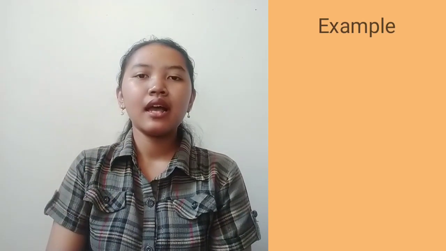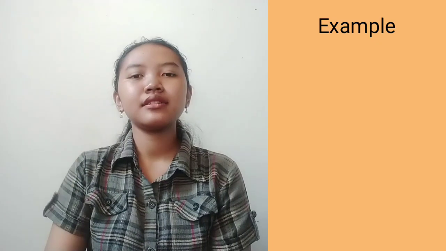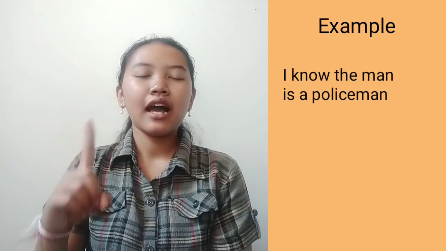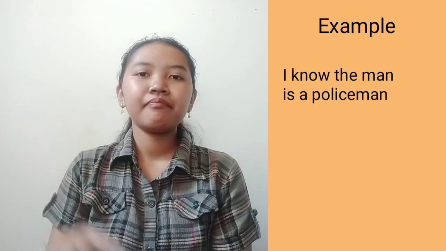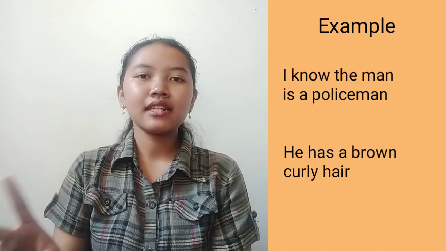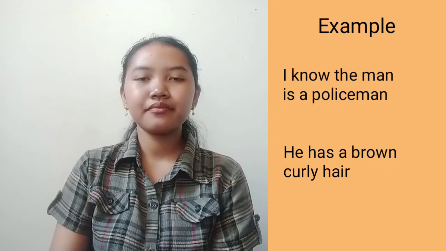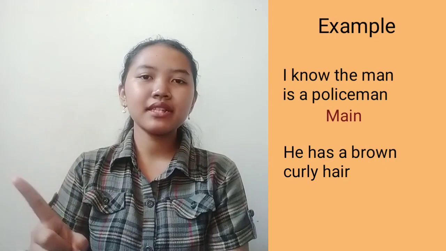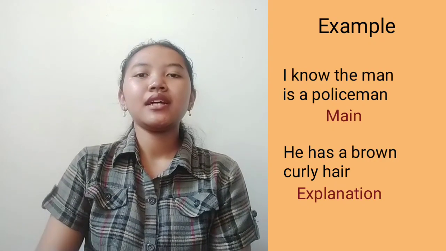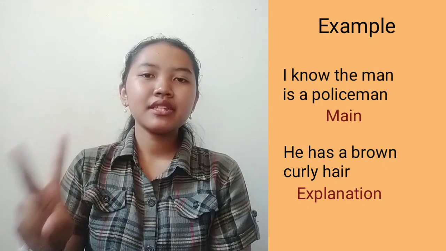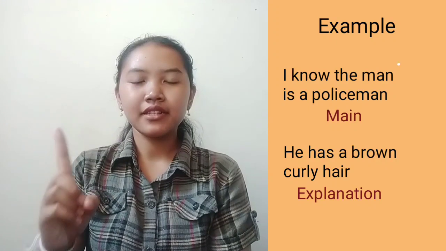For example, I have two sentences. The first is, I know the man is a policeman. And the second is, he has brown curly hair. The first sentence will be the main sentence and the other will be the explanation. These sentences mention the same noun, that is the man.